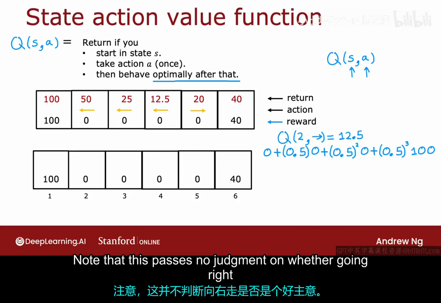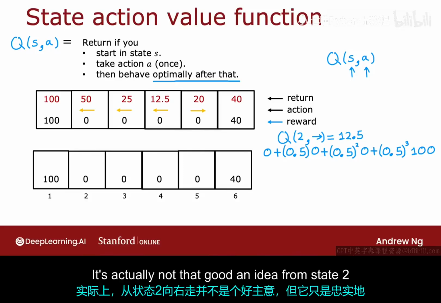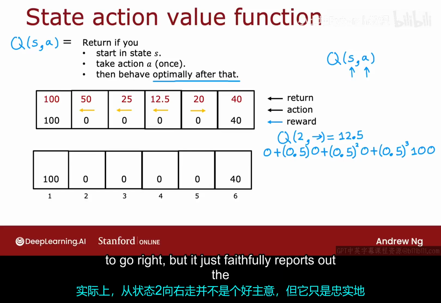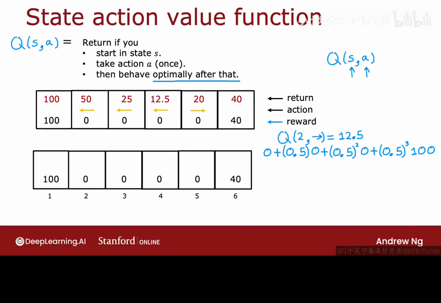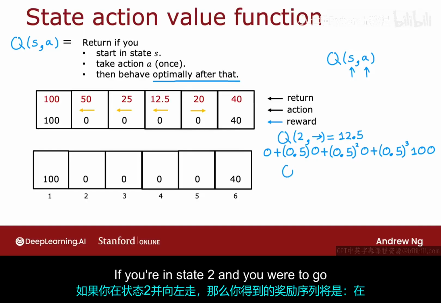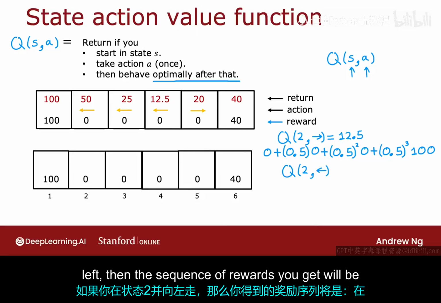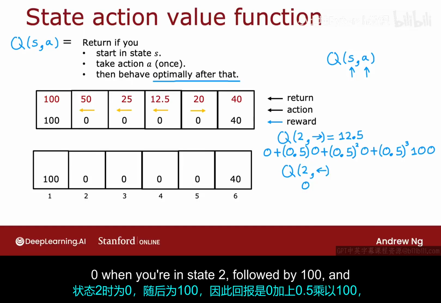Note that this passes no judgment on whether going right is a good idea or not. It's actually not that good an idea from state 2 to go right, but it just faithfully reports out the return if you take action A and then behave optimally afterward. Here's another example. If you're in state 2 and you were to go left, then the sequence of rewards you get will be 0 when you're in state 2, followed by 100.